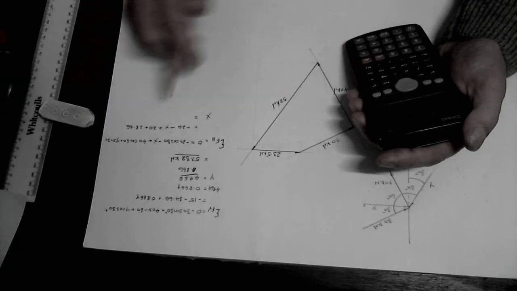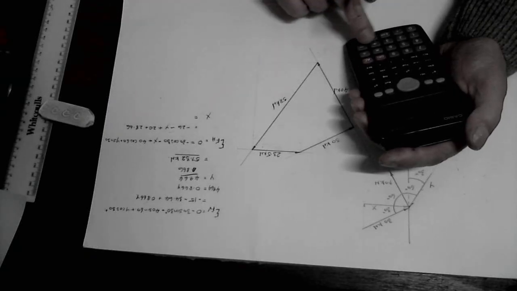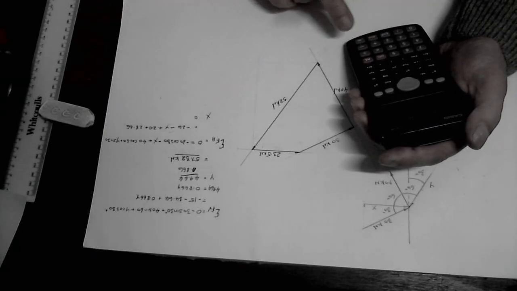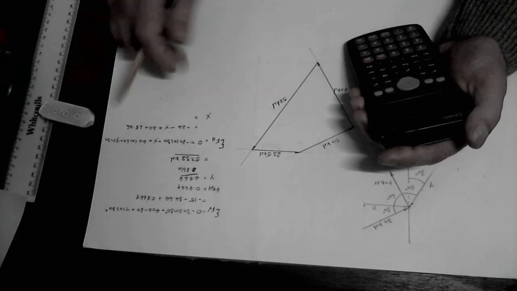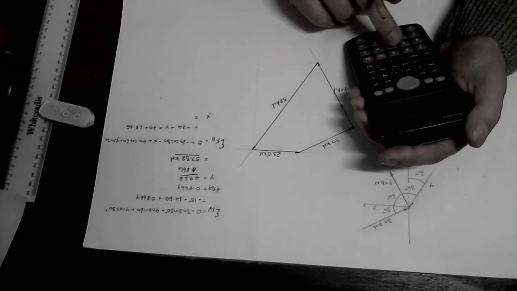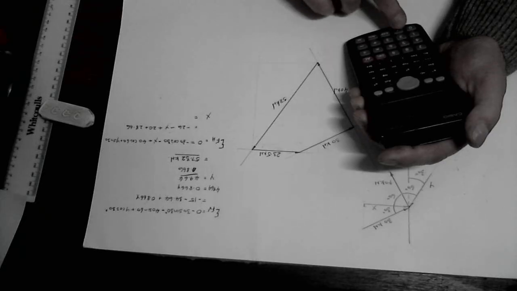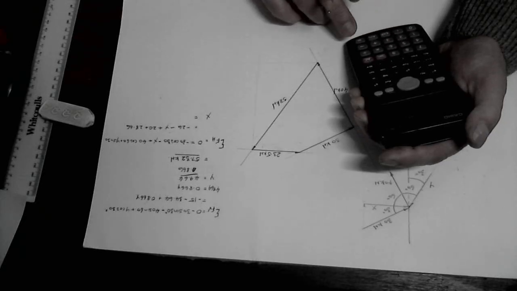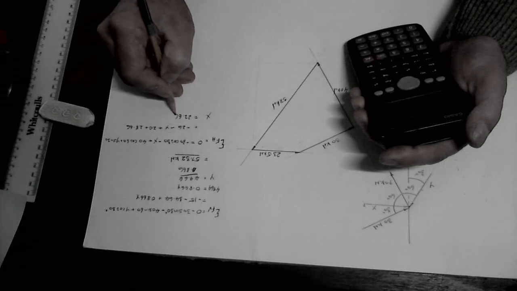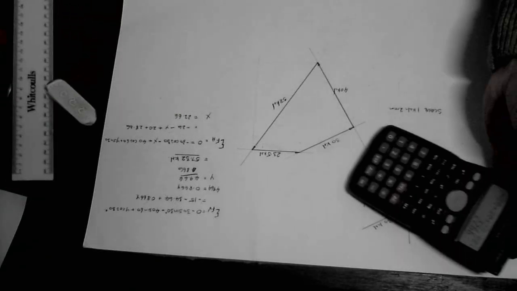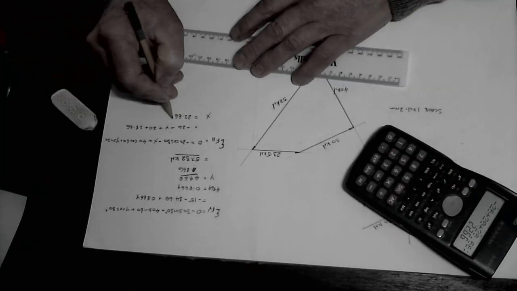So minus 26 plus 20 plus 28.66 equals 22.66 kilonewtons.